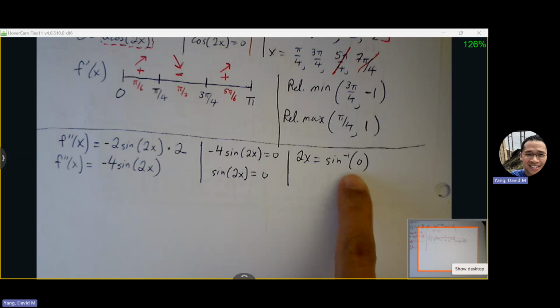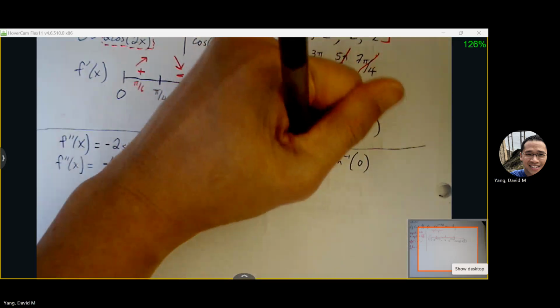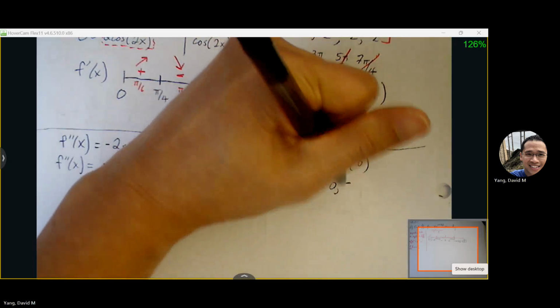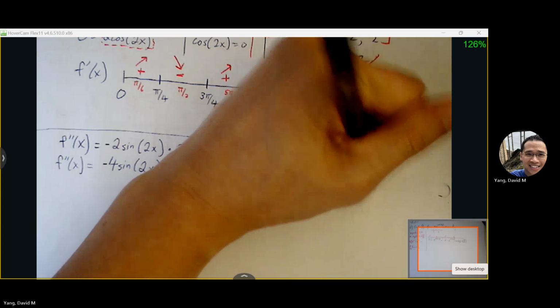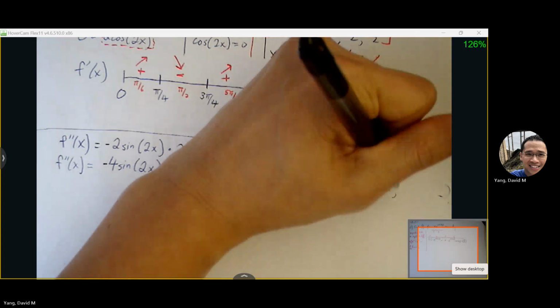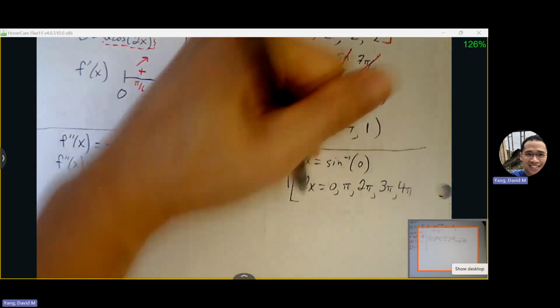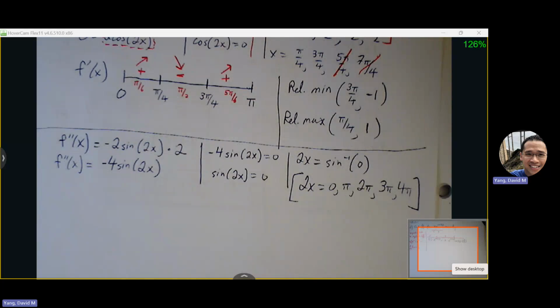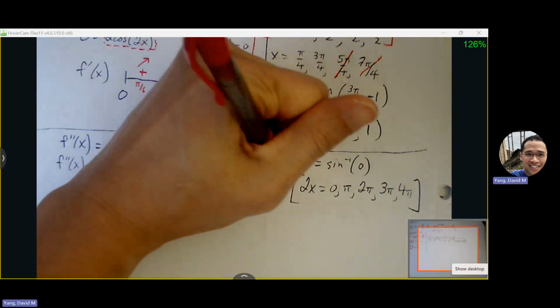So inverse sine of 0, where is sine equal to 0? Sine is equal to 0 at 0, pi, 2 pi, 3 pi. Okay, I'm listing more than I need here. Dividing by 2, same thing as multiplying by 1/2.